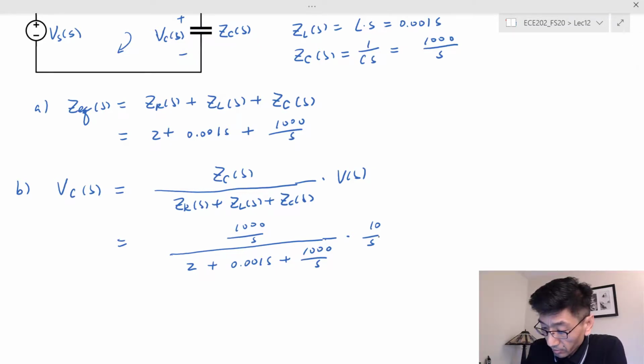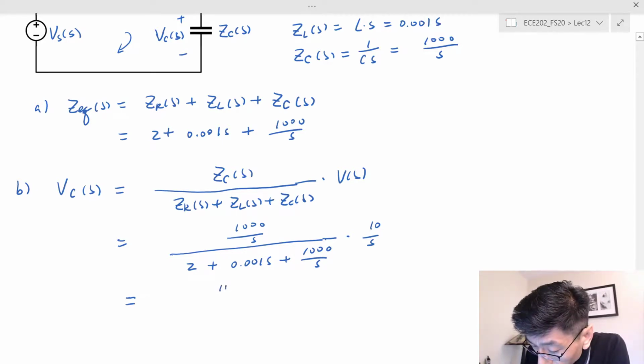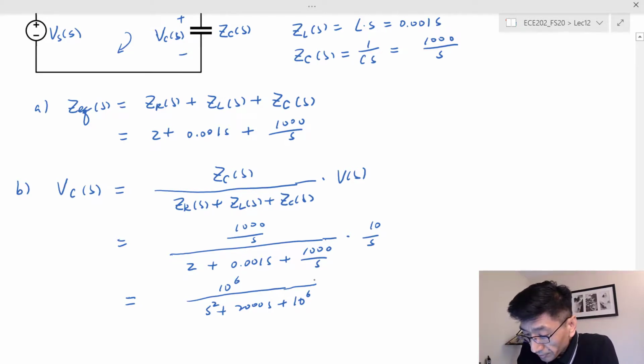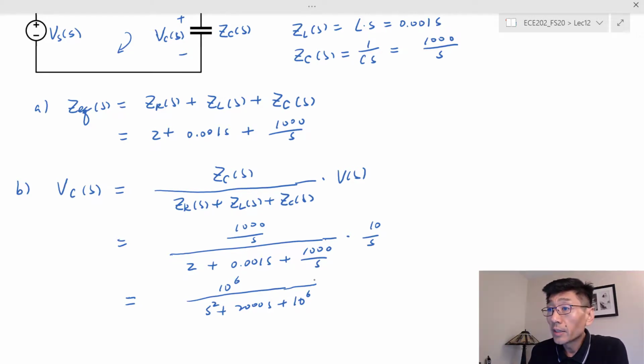If you multiply by 1,000 S, what do you get? You get 10 to the power 6 over S squared plus 2,000 S plus 10 to the power 6, right? So in this case, what we get times 10 over S.